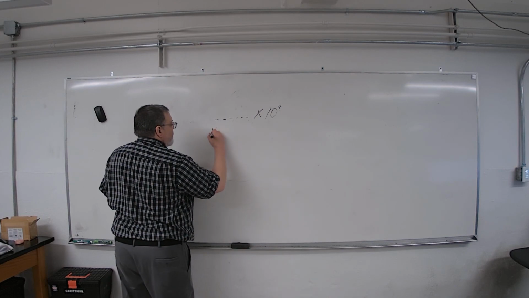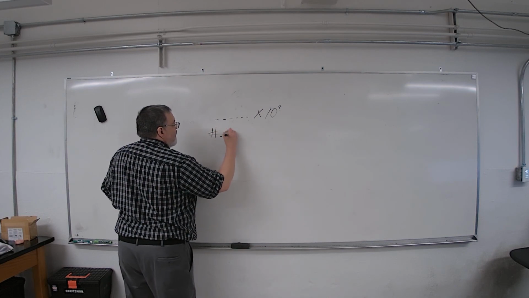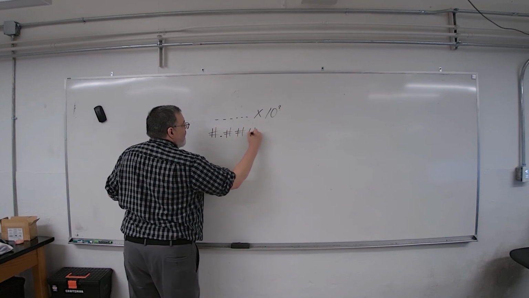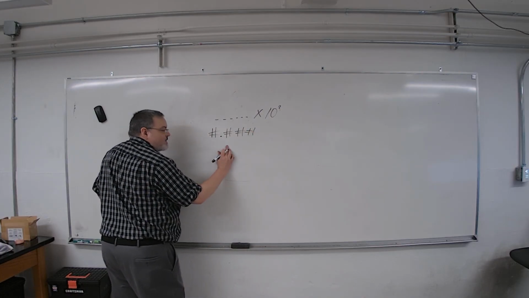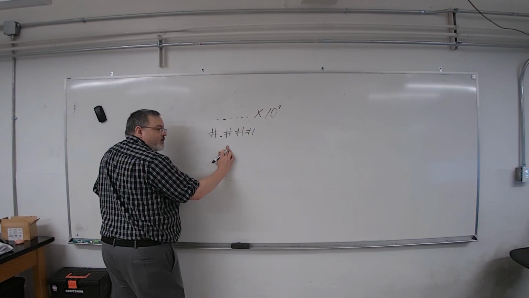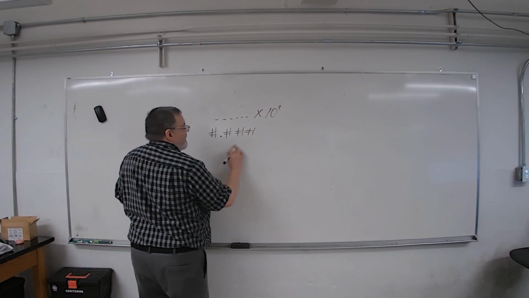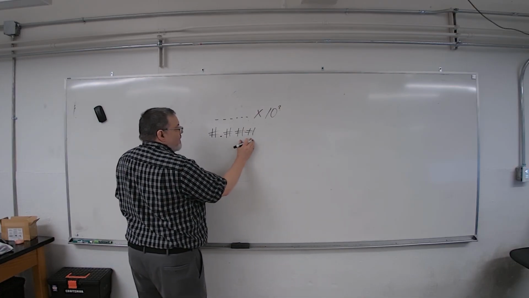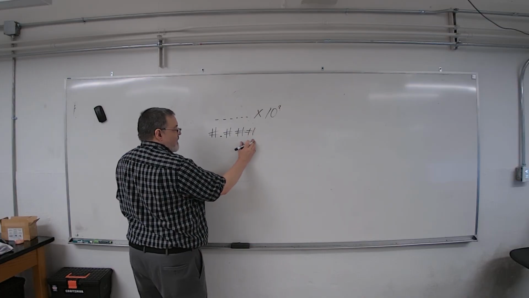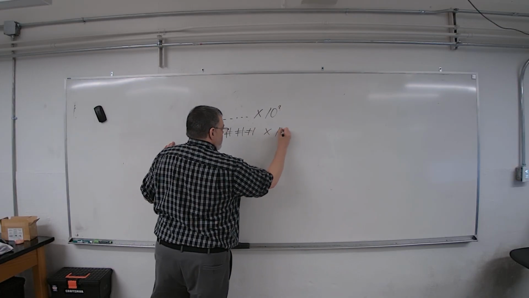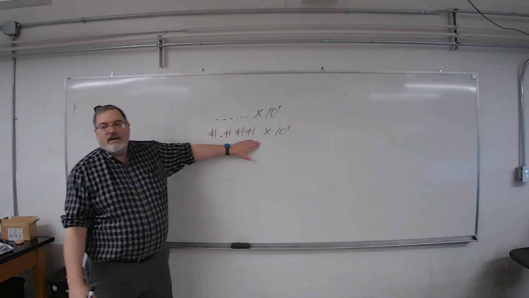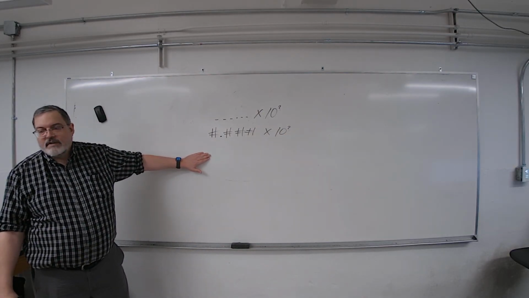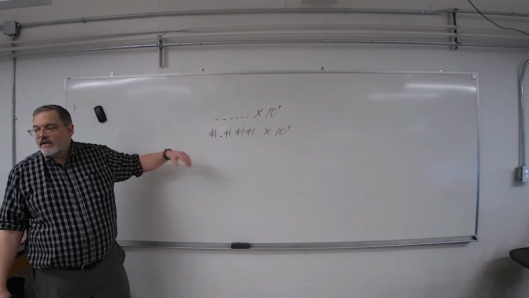Because it's necessarily going to be in the form of, so this can't be a leading zero because you had to put your decimal just to the right of the first non-zero digit. And if some of these were zeros, they'll be there, but whether they're zeros or not, they count. So whatever it is times 10 to the whatever, everything you see here is significant for standard scientific notation.